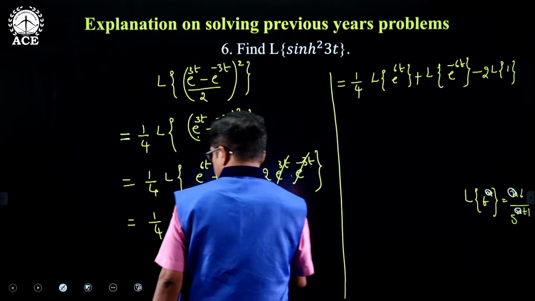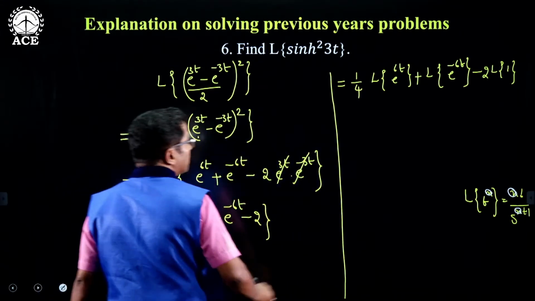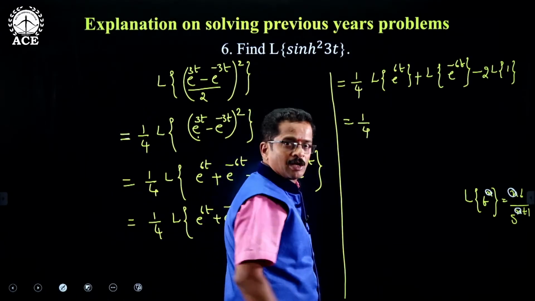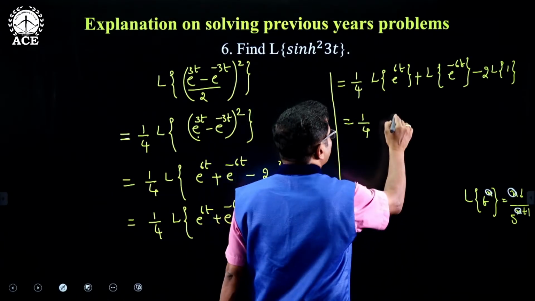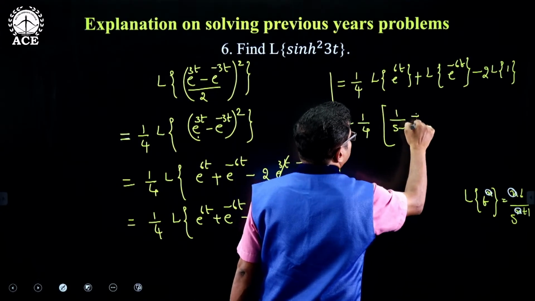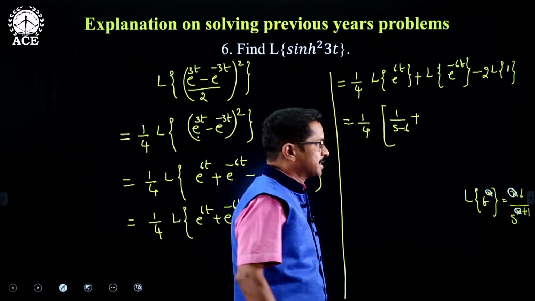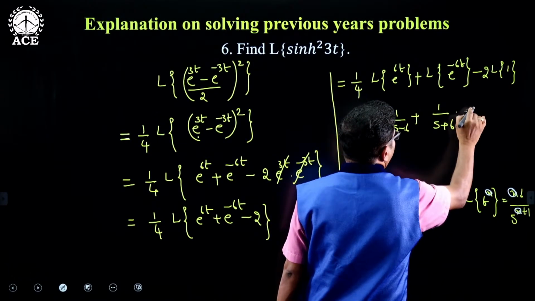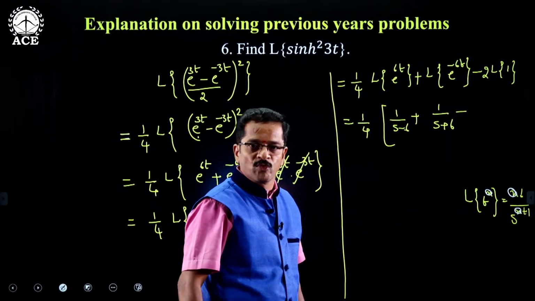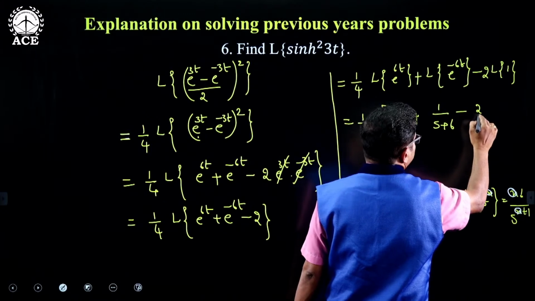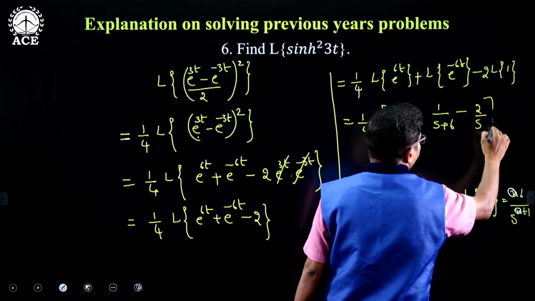So which is equals to 1 by 4 [L of e power 6t is 1 by s minus 6, plus L of e power minus 6t is 1 by s plus 6, minus 2 into L of 1, that is 2 by s]. 2 into 1 by s, that is 2 by s.